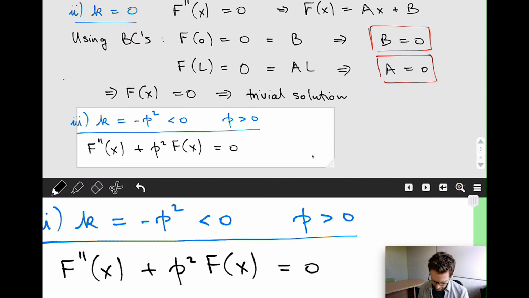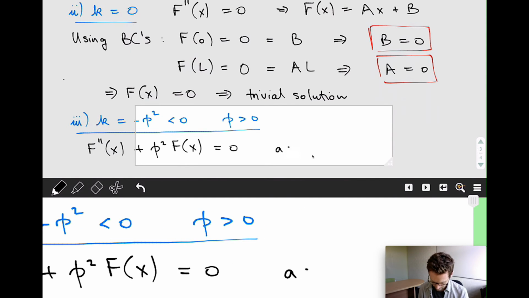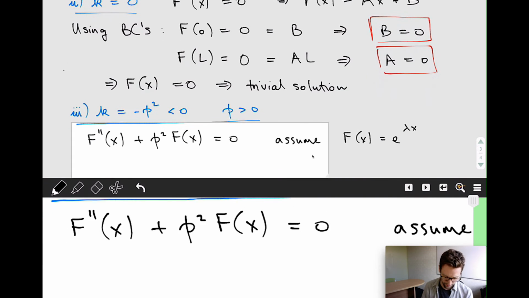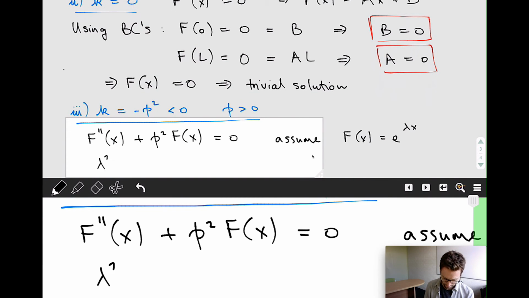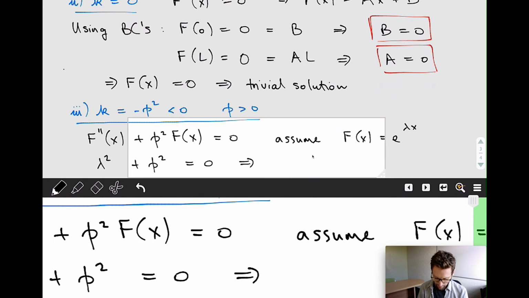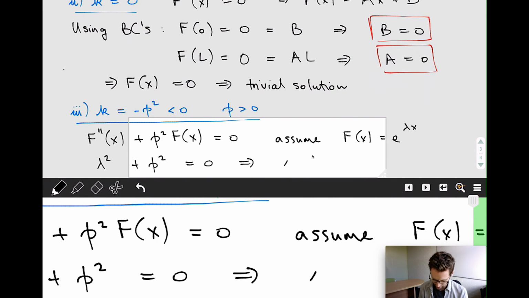You notice this is a second order homogeneous differential equation. I can assume a solution of the form f of x is equal to e to the lambda x, which means that every derivative turns into a power of lambda, which means my characteristic equation is lambda squared plus p squared is equal to 0, which has complex solutions, imaginary solutions. Lambda is equal to plus or minus i times p.